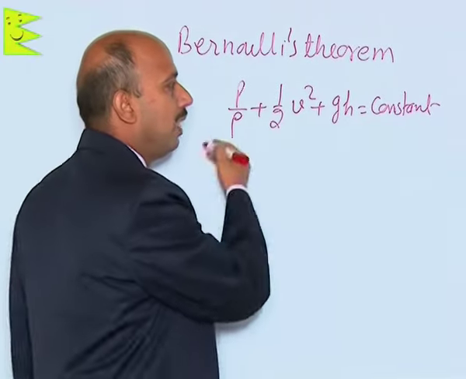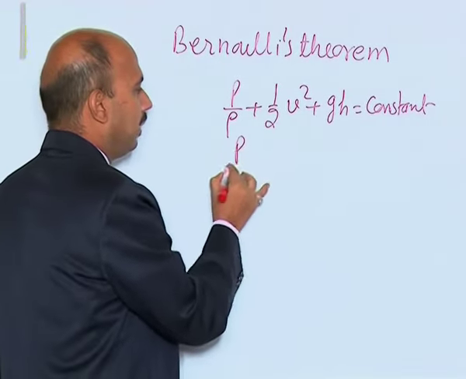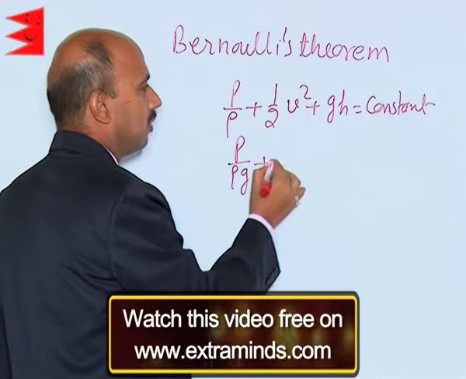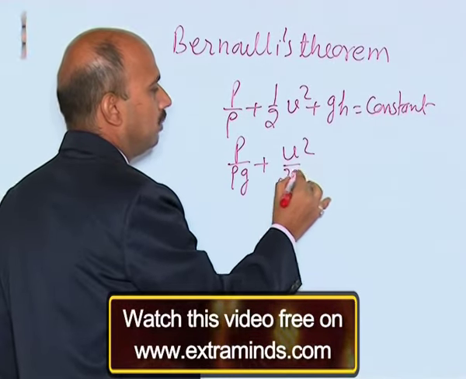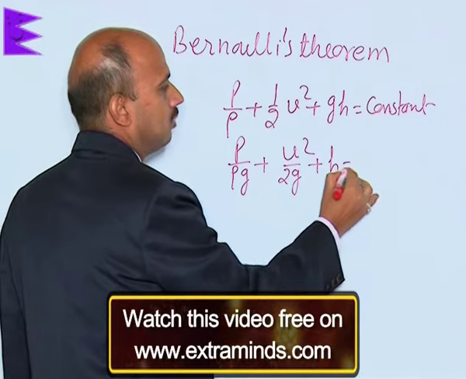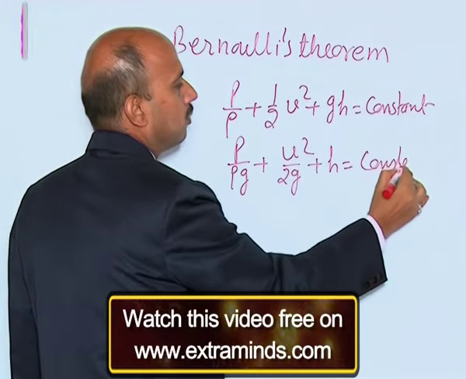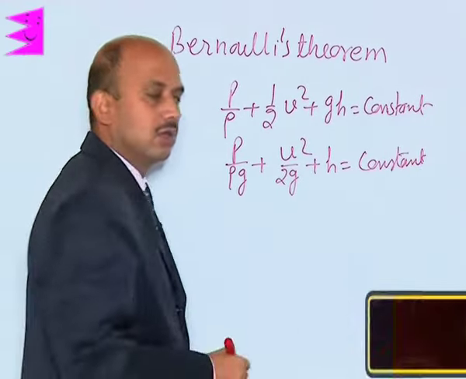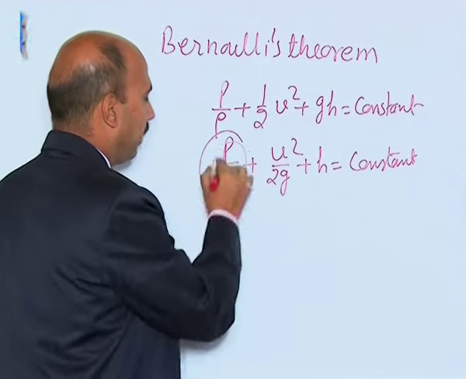Now in Bernoulli's theorem we have written P upon rho plus half V square plus g h is equal to constant. Suppose you divide by g, so you will get P upon rho g plus V square upon 2g plus h is equal to constant, because dividing by g, that is constant.